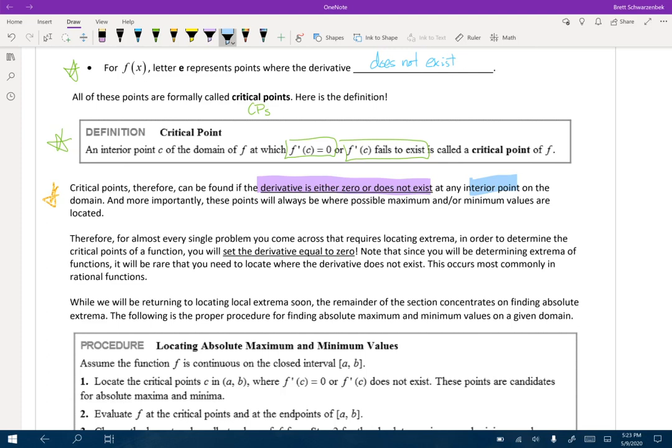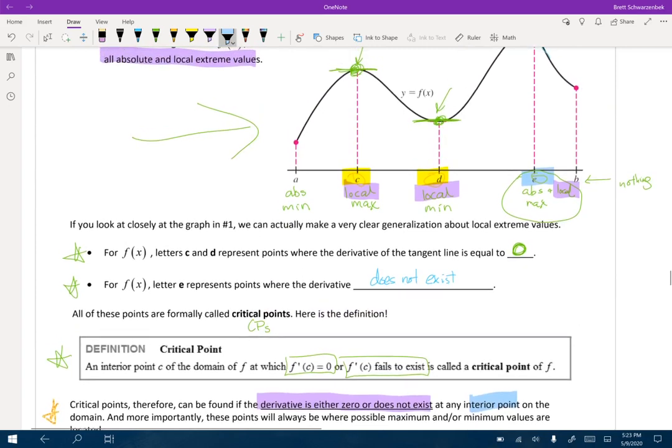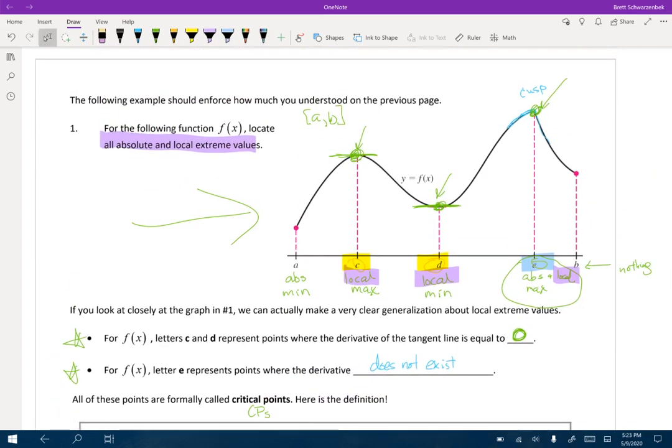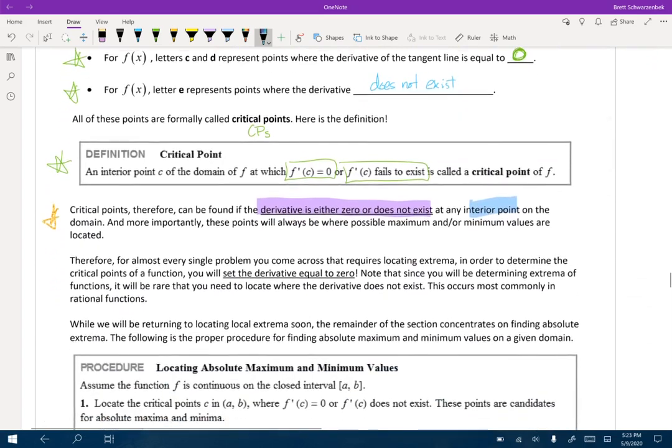More importantly, these points will always be possible max or min values, or extrema. So we use critical points to identify where the max and min values are. Well, duh, look. Anytime we got a critical point, where did they exist? They existed at max and min values, which is a big deal for what we're doing.